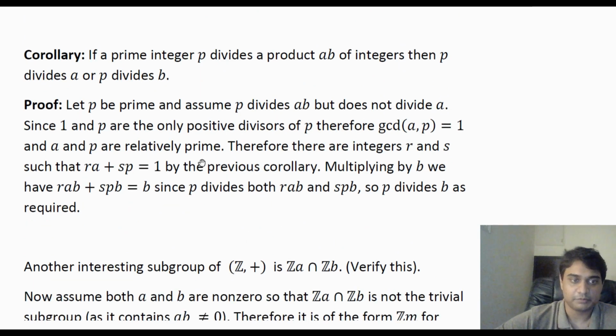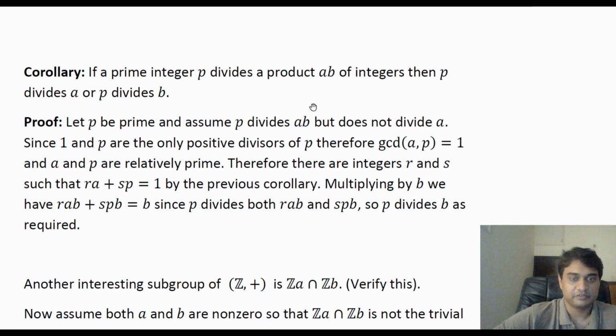Now we multiply the equation by b: rab plus spb equals b. Since p divides ab, as we assumed in the first line, p divides rab, and p divides spb because it's an integer multiple of p. So therefore it divides the sum, which is equal to b. p divides b, as required.